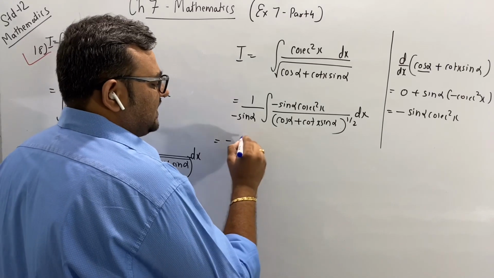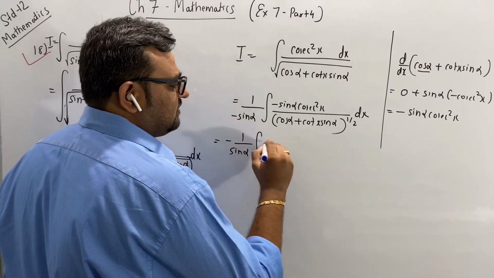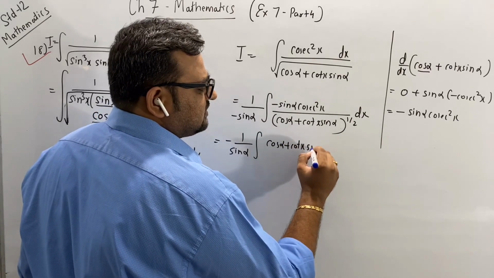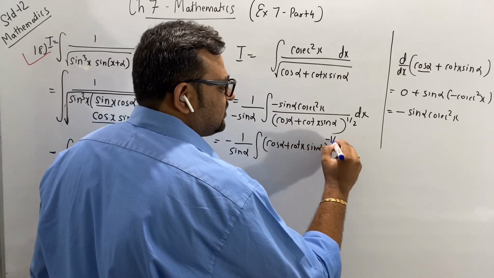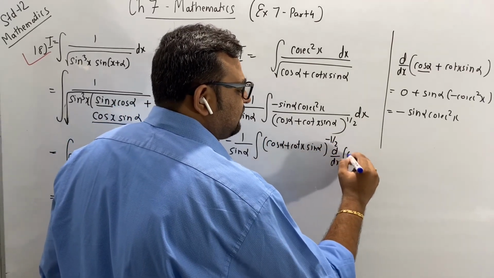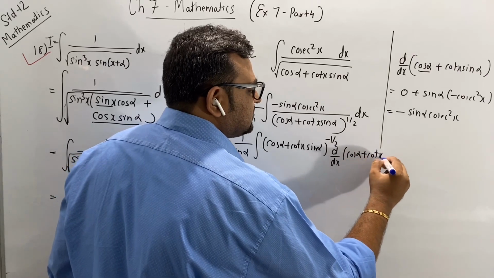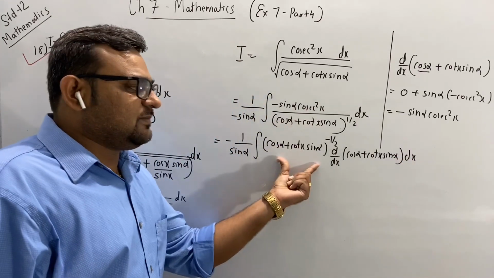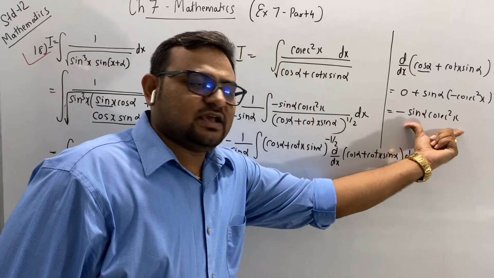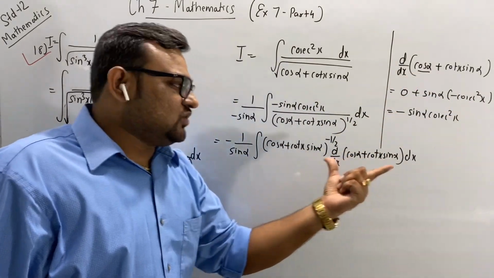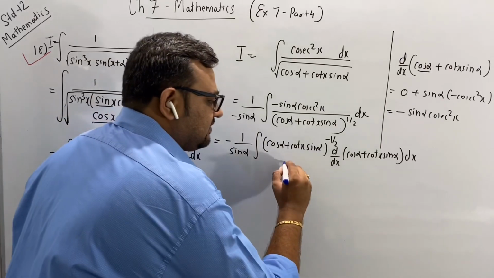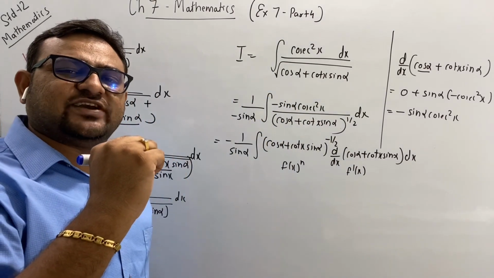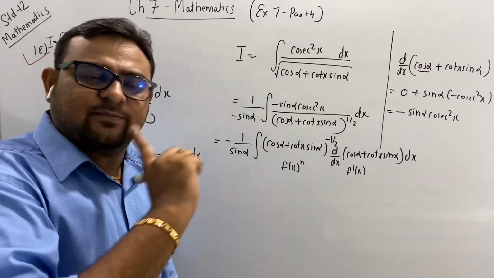Minus 1 by sine alpha, cos alpha plus cot x sine alpha raised to minus 1 by 2, d by dx of cos alpha plus cot x sine alpha, right? This here is minus 1 by 2, and instead of this I have written d by dx. So f x raised to n, f dash x. What is the integration of f x raised to n f dash x? F x raised to n plus 1 upon n plus 1.